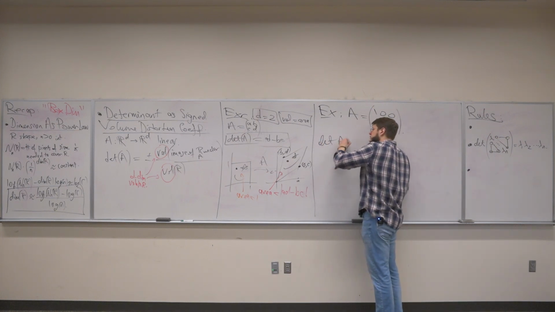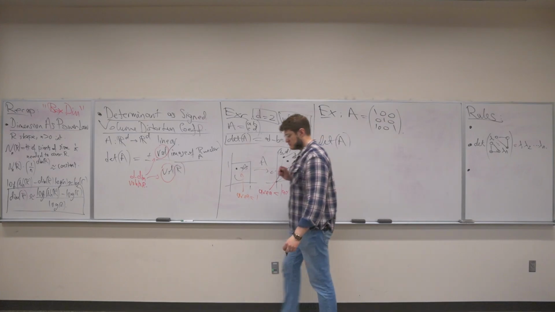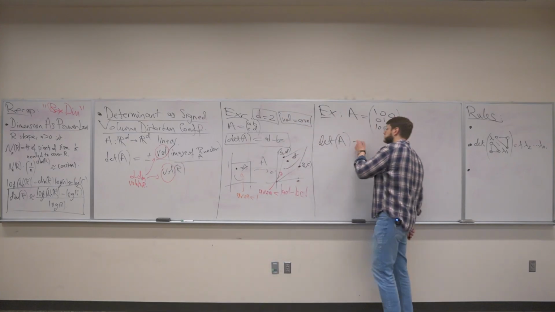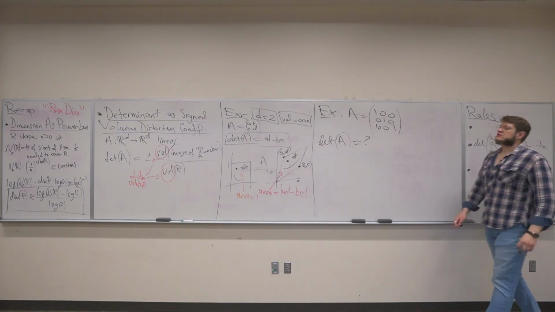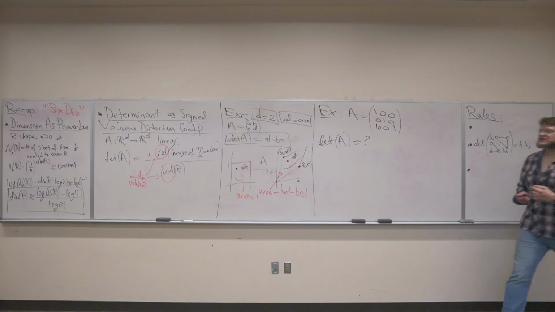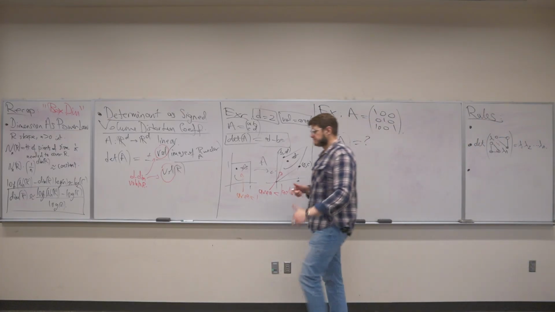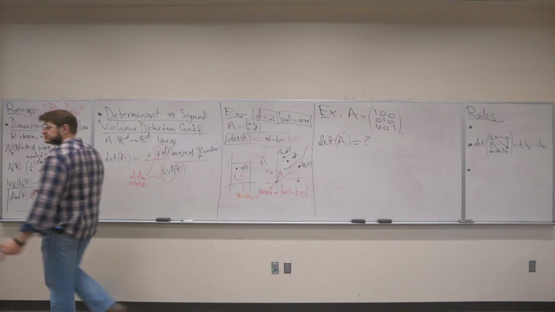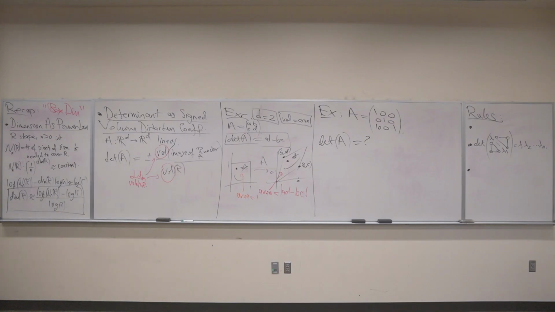What is the determinant? Based on our interpretation, that determinant is the volume distortion coefficient. Remember, this matrix we call the shear.